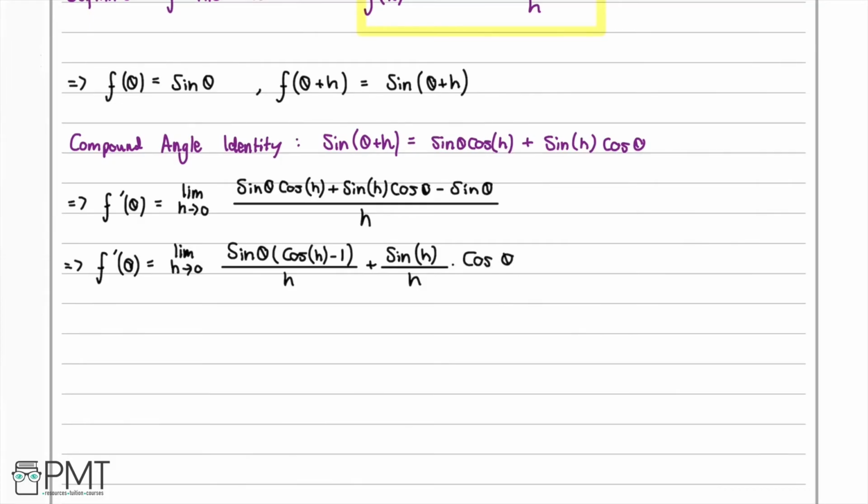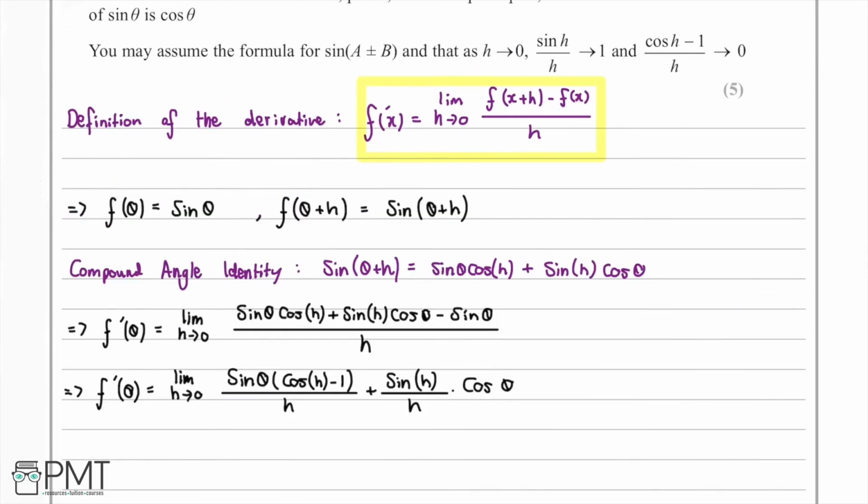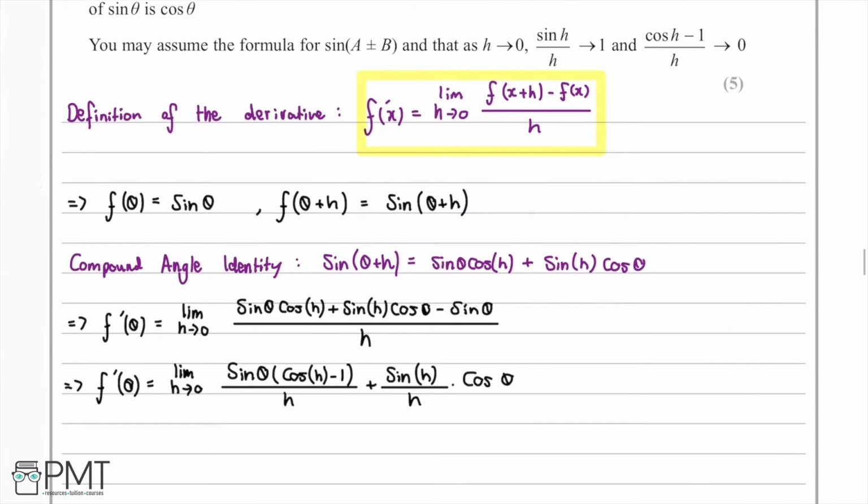So then we'll just take a look back at the question and have a look at the information that we are given. We're given here that as h tends to 0, sin h over h tends to 1, and as h tends to 0, cos h minus 1 divided by h tends to 0. So we'll now see how this relates to what we have.